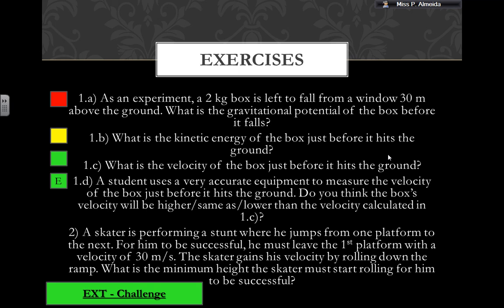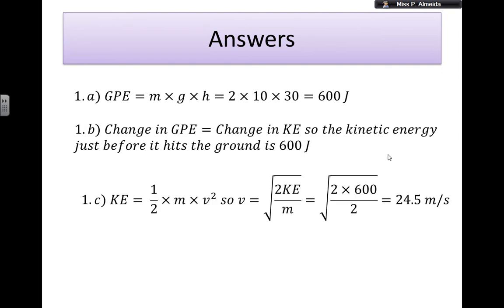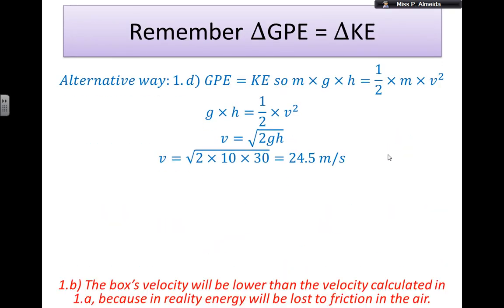Now, I only gave you one thing. I only told you the velocity. And I'm asking what is the minimum height for him to leave the ramp at that velocity. Now, I didn't give you the mass, but you saw in my alternative that you actually don't need a mass. So let's try to do this exercise. It's the hardest one, okay?